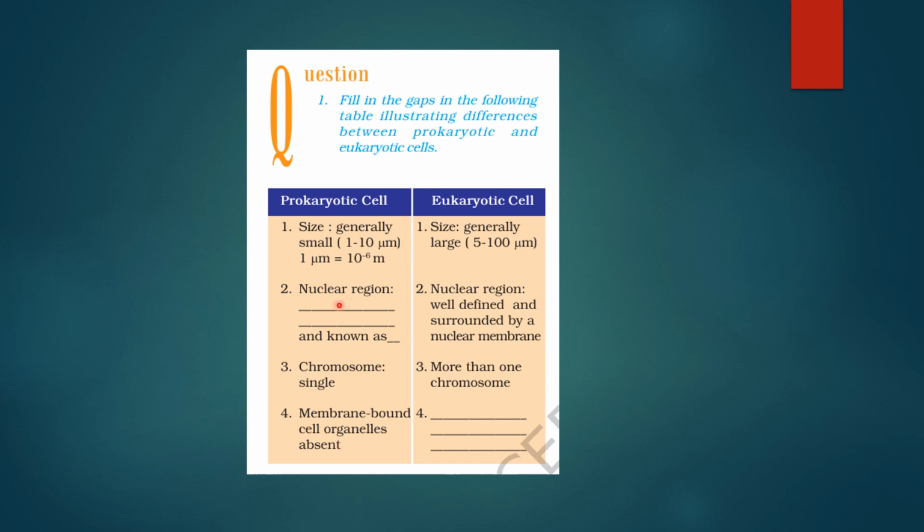It lacks a nuclear membrane and is known as nucleoid. In eukaryotes, it is well defined and surrounded by a nuclear membrane. Prokaryotes have a single chromosome, while eukaryotes have more than one chromosome. Membrane-bound cell organelles are absent in prokaryotes but present in eukaryotic cells, right?